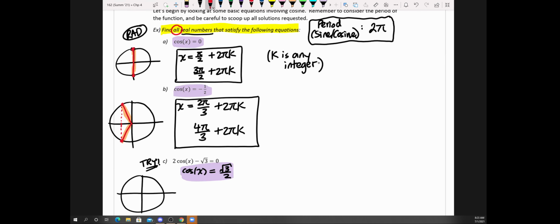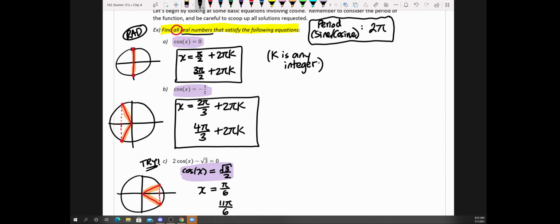Yeah, so we know that root 3 over 2 is long leg. And when we draw that in our circle, so drawing the unit circle off to the side can help us visualize where our solutions are. And the two solutions between 0 and 2 pi are pi over 6 and 11 pi over 6. Okay, and then Stephanie, what is the last step?